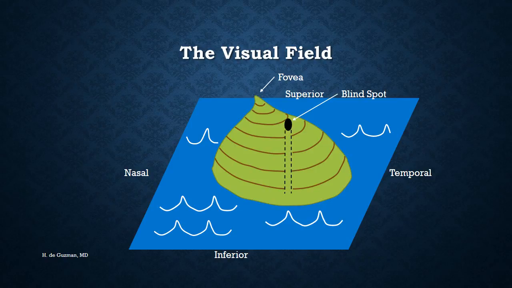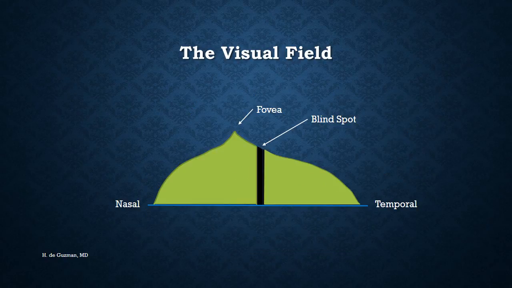So here's our island hill in a sea of darkness. We can divide our island vertically from superior to inferior, crossing at the fovea, and also horizontally. If we were to look at the cross section of our island from nasal to temporal, this is what it would look like. The line would pass through both the fovea and the blind spot.